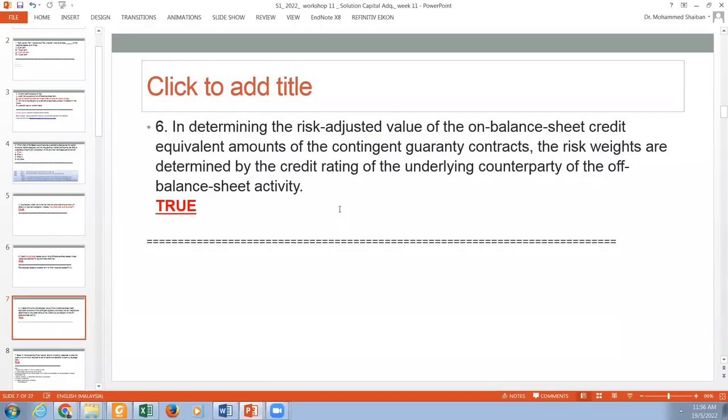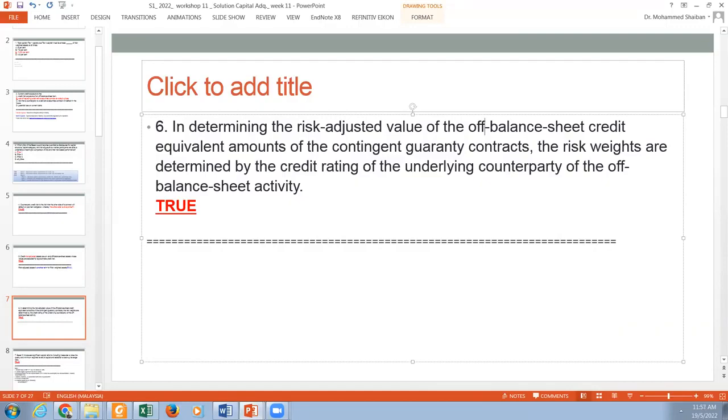In determining the risk-adjusted value of on-balance sheet credit equivalent amounts of the contingent guarantee contracts, the risk weights are determined by the credit rating of the underlying counterparty. My friends, please write this: off balance sheet.